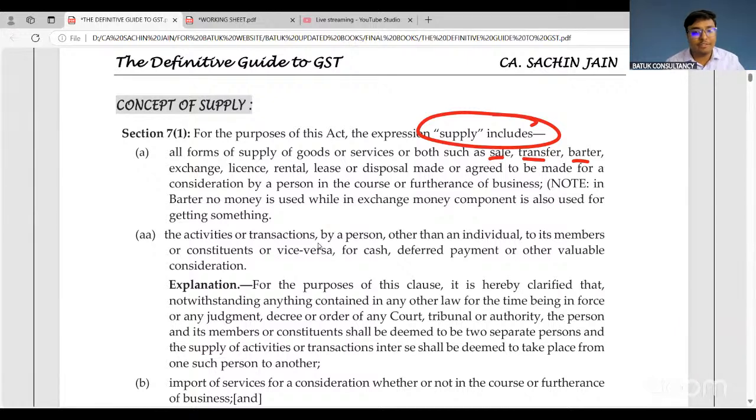There will be no exchange of money, but consideration is still there. Through this, the government wants to indicate that consideration will not only be in money. If certain money-equivalent things are there, the same will be treated as supply, and yes, GST will be applicable.